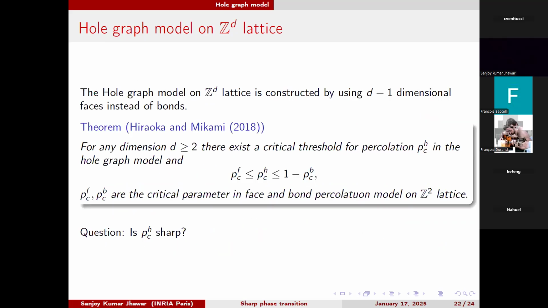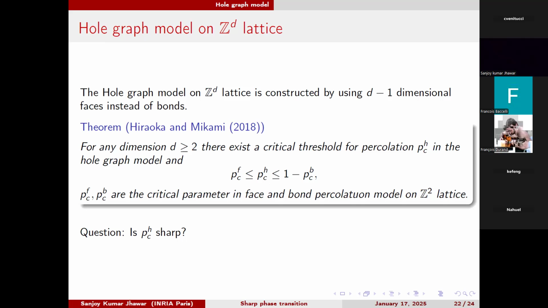Okay. So this model was first stated by Hiraoka and Mikami, and what they proved is that there exists a critical value for this model, and the critical value is non-trivial.